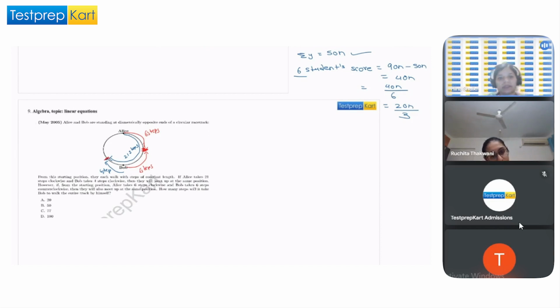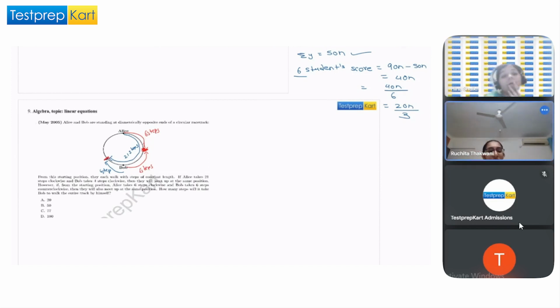What do you understand by this? One time they are meeting at this position, where Bob is going counterclockwise and Alice clockwise.